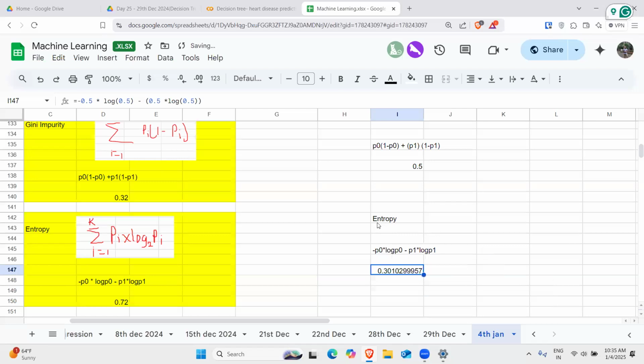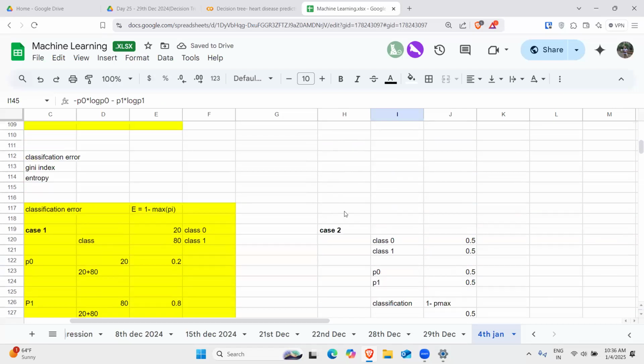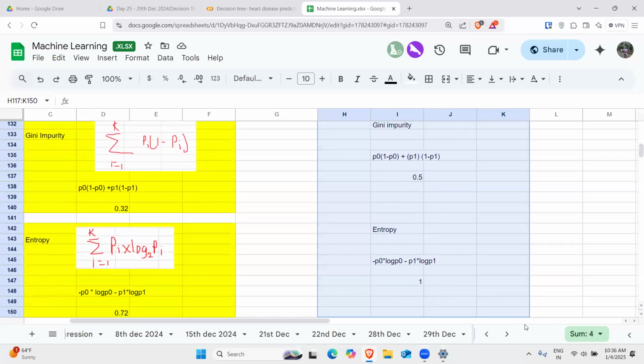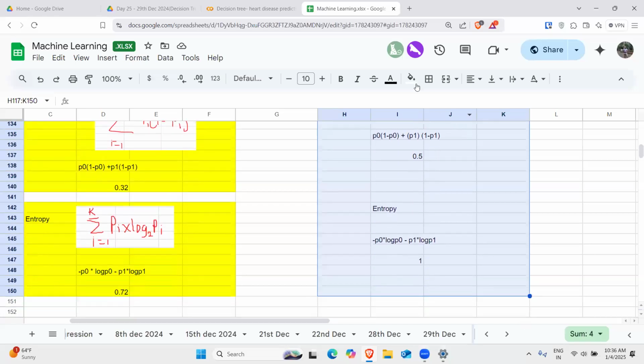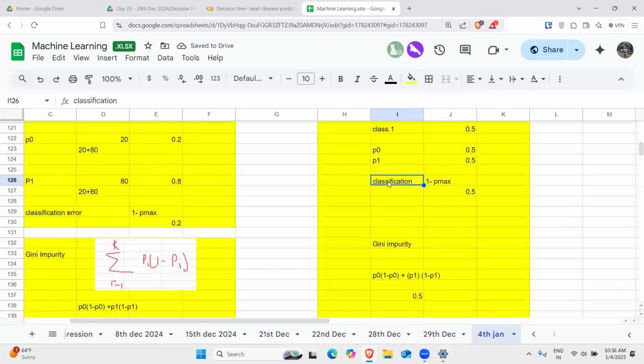This will give us a numeric error. Sorry, this becomes 1. So if the case is like this, 0.5 and 0.5, your entropy is 1, your Gini impurity is 0.5, and your classification error is 0.5. That is your case number 2.